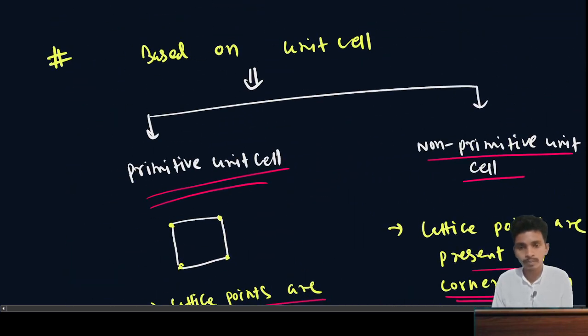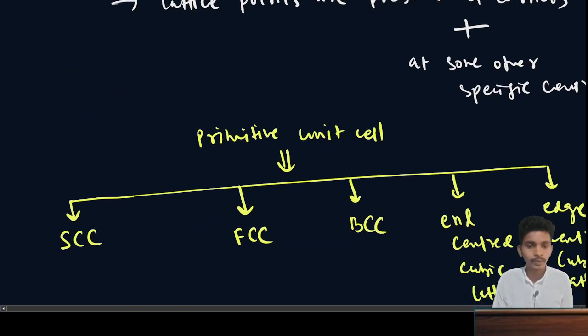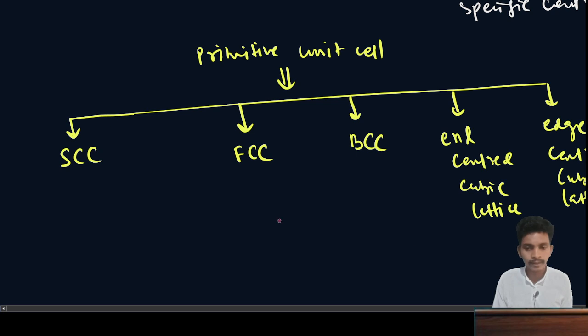So first, based on unit cells, we have the primitive and non-primitive. And for primitive, we have SCC, that is the simple cubic unit cell.